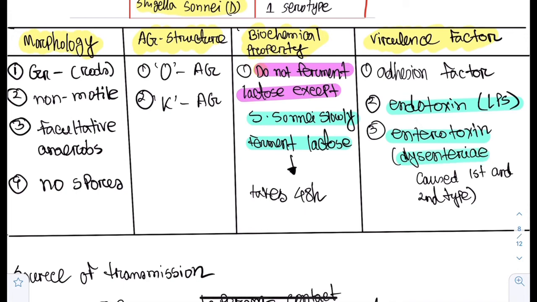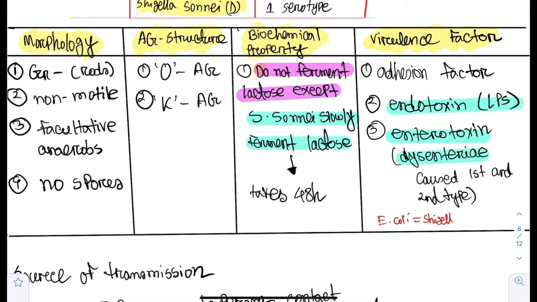And because we have enterotoxin here, take a note that E. coli and Shigella are more likely to have the same symptoms, except Shigella-infected people will have high fever.